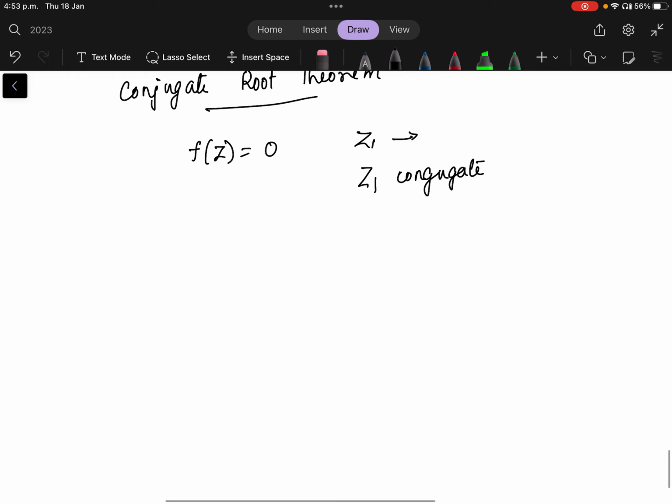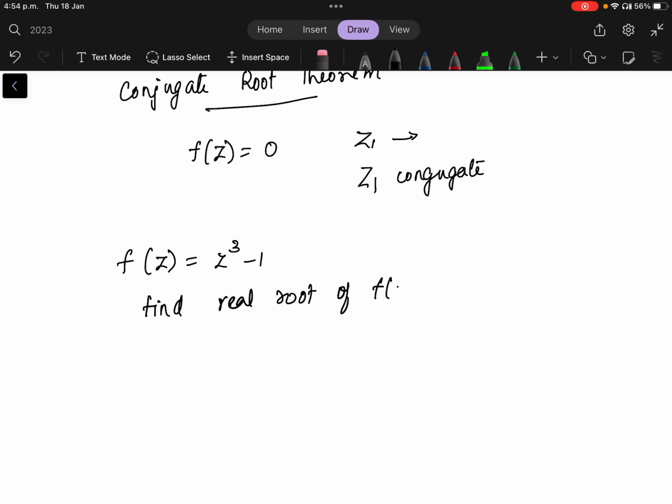Okay, so now you can have questions like a complex number equation f of z equal to z cube minus 1. The question can be like, find the real root of f of z, and the second part can be find the complex roots.